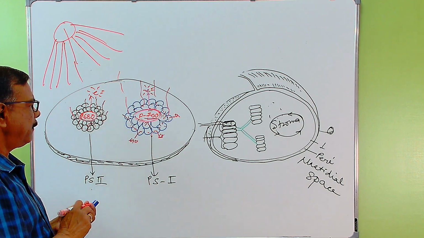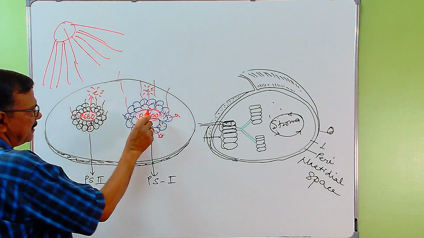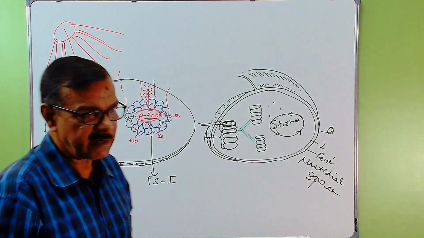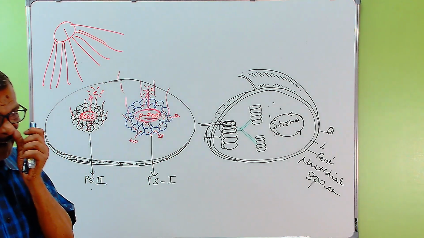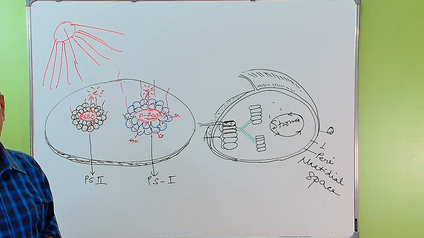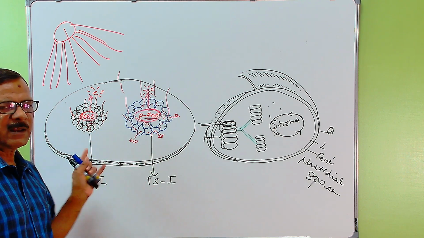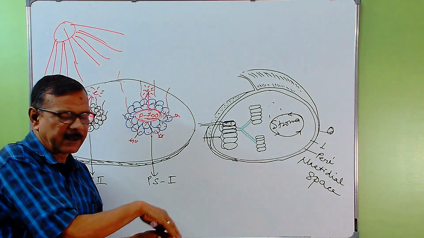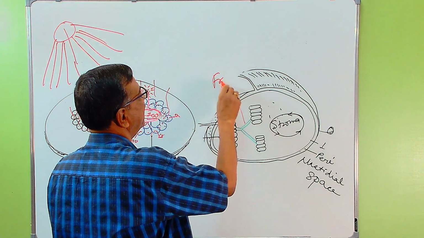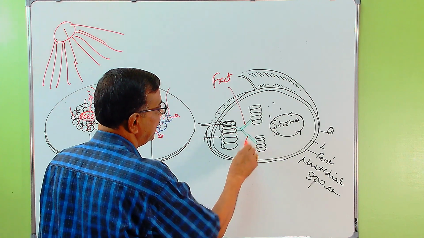One thing we would like to mention: whenever they eject one electron, the amount of energy required to eject an electron from P680 or P700, that quantum of energy, is known as a quantosome, and that is how the name quantosome comes. So these are the two photosystems available in the thylakoid membrane of the grana, also known as stroma lamellae.